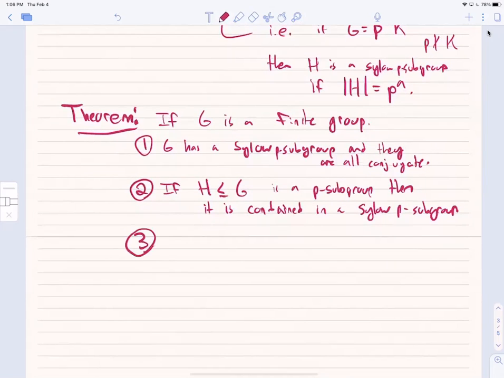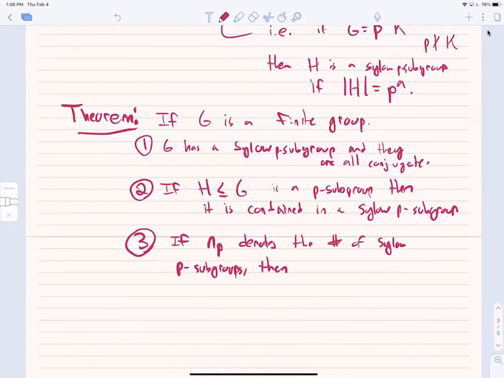And then 3, if N_P denotes the number of Sylow P subgroups, then N_P, well, one part's easy.